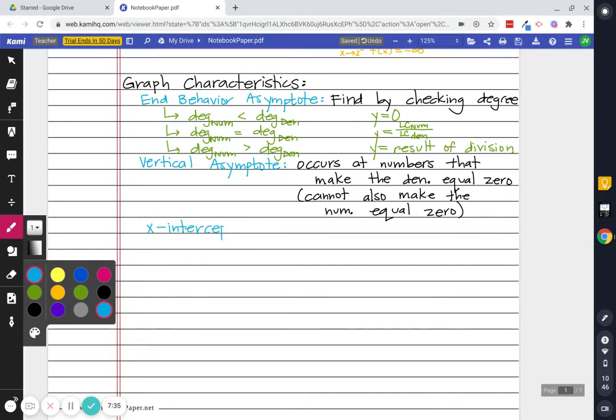X-intercepts. An x-intercept occurs at numbers that make, here it comes, this is why we had that wrinkle last time, that make the numerator equal 0.